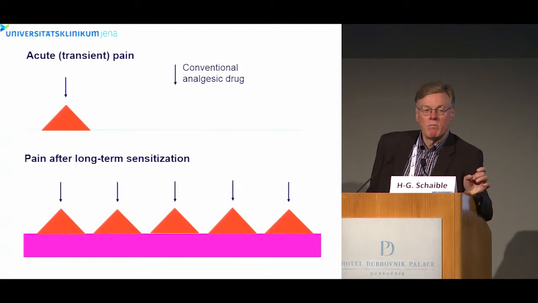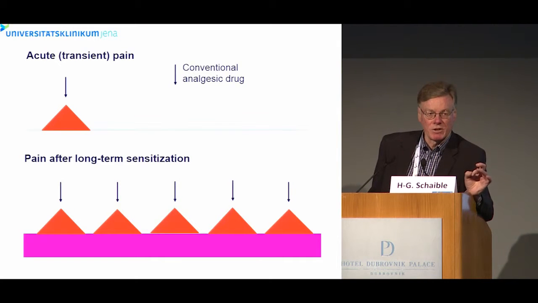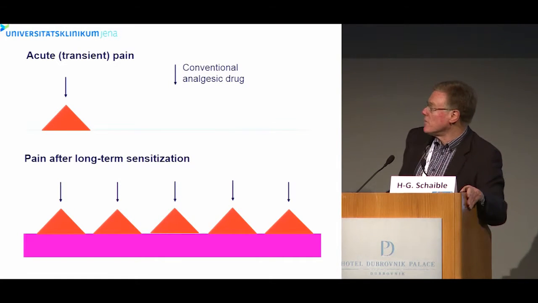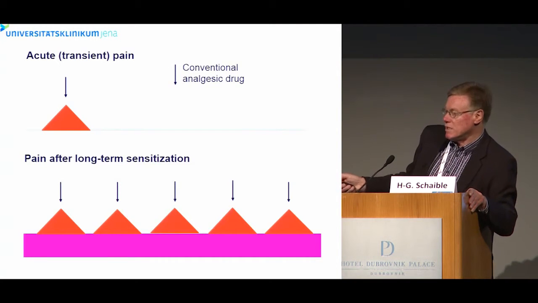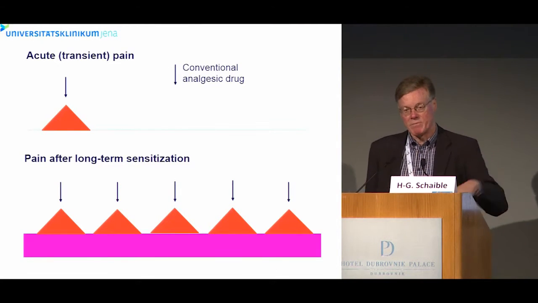What is the problem of this chronic sensitization? What I think is going on: if you have a drug treatment of a disease like a normal headache, you use a conventional analgesic drug, and if you are lucky, it reduces the pain and then it goes away.